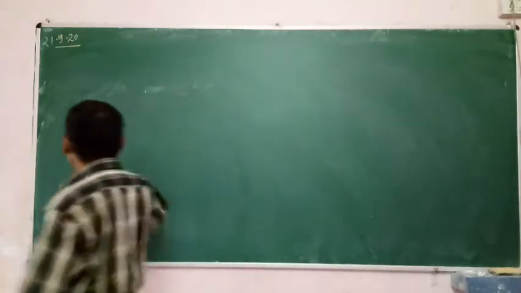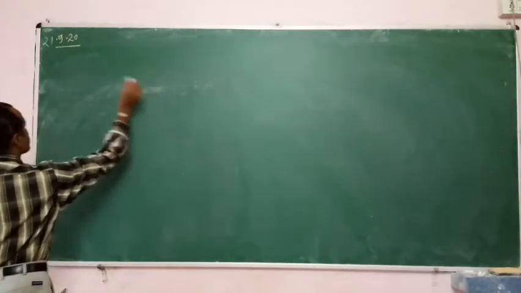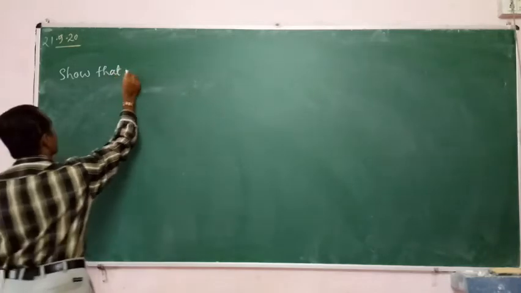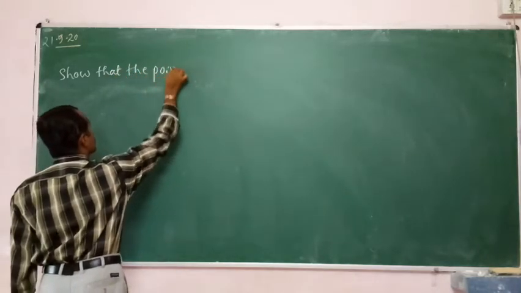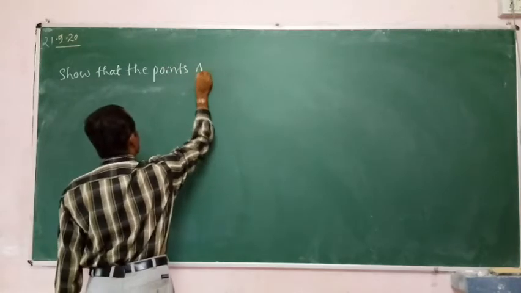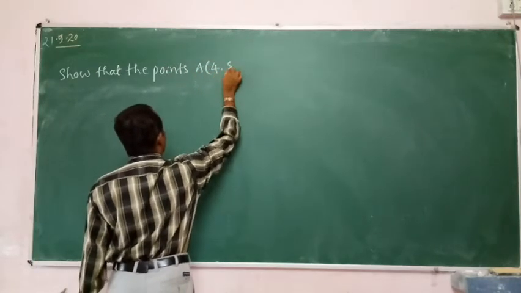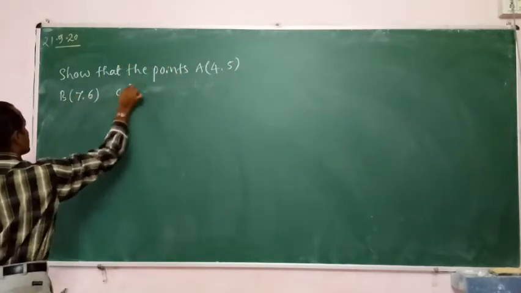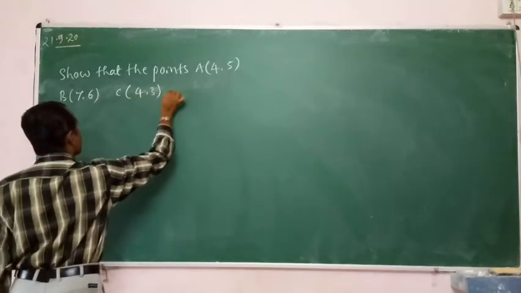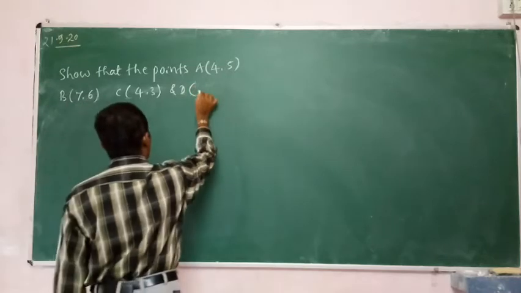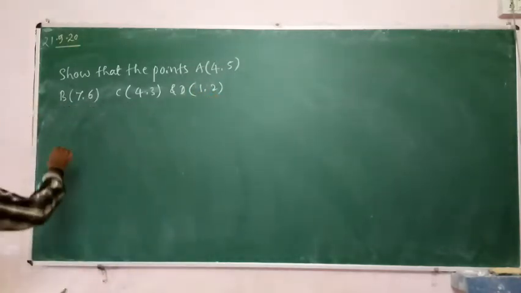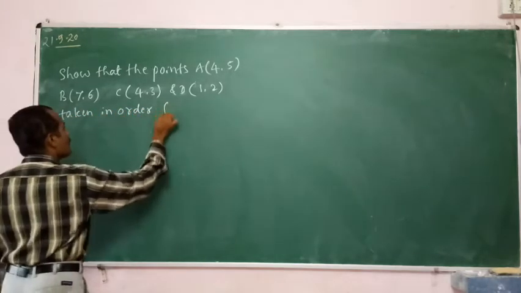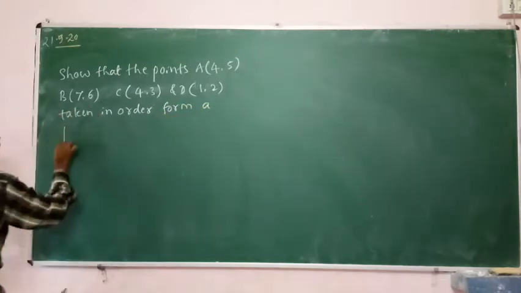Suppose, for example, I have given you: show that the points A (4, 5), B (7, 6), C (4, 3), and D (1, 2), taken in order, form a parallelogram.